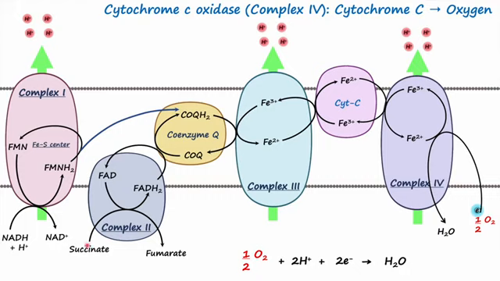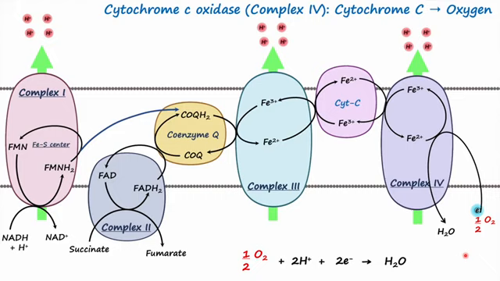And electrons have a tendency to travel from atoms which are less electronegative to atoms which are more electronegative. So when the electrons are traveling from complex 1 to complex 3 to complex 4, that means complex 1 is the least electronegative, whereas oxygen is the highly electronegative molecule.